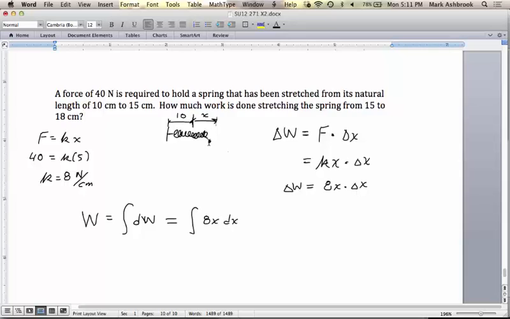So if we're going from 15 to 18, the displaced length is going from 5 to 8, because x is the displaced length. This is like the natural length here, so x starts from 10. We're starting at having stretched 5 to having stretched 8. So from 5 to 8.